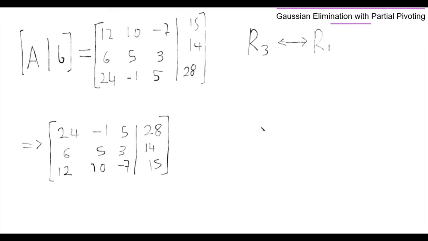Now we are ready to begin. We perform the needed row operations in order to transform all numbers below 24 to 0, as shown.